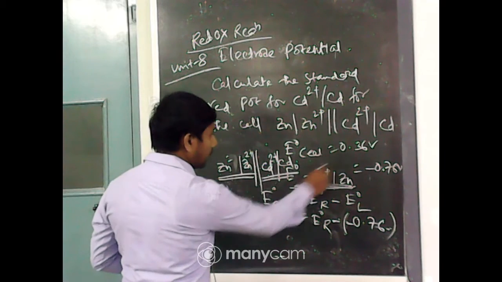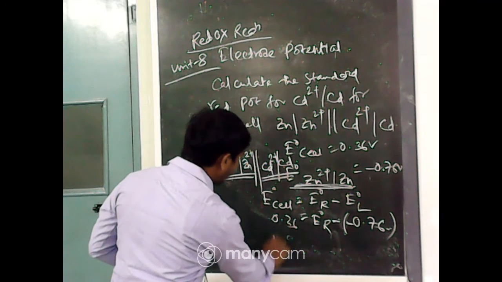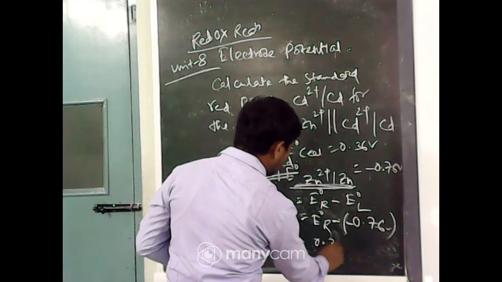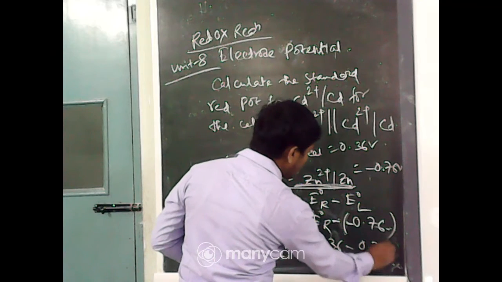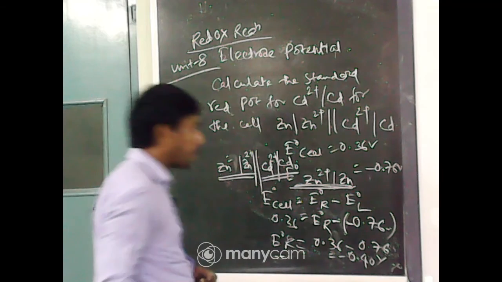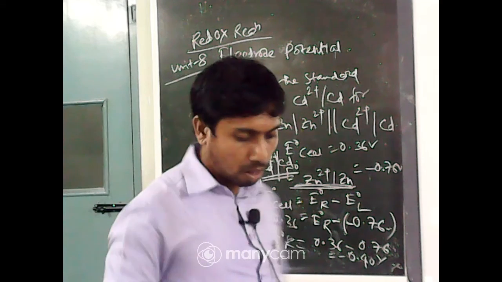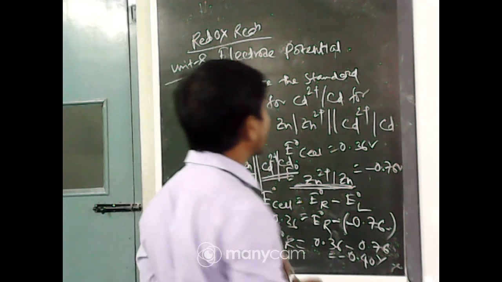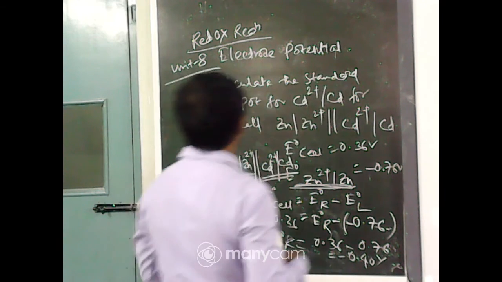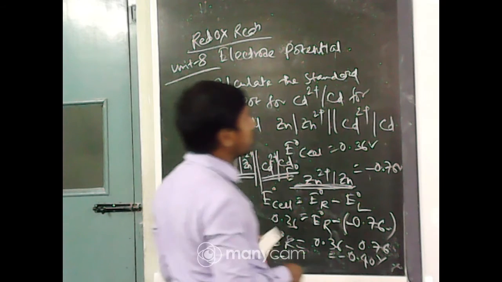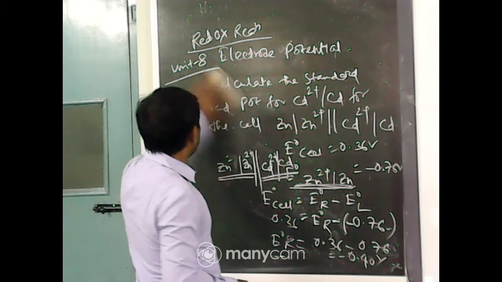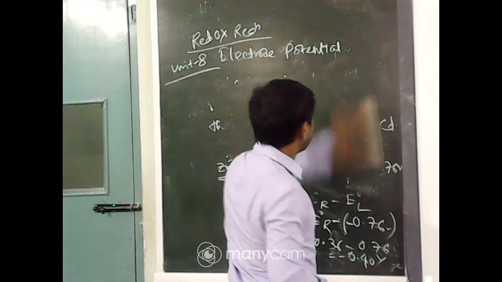Now, the E0 cell is given, that is 0.36. So, E0 of right equals 0.36 minus 0.76, which is equal to -0.40 volt. Have you understood? Okay, so this part is clear to you.